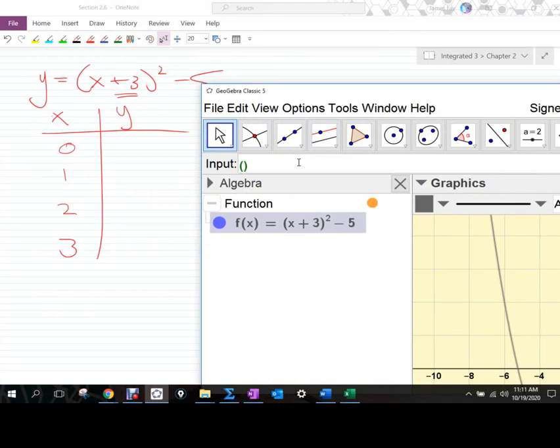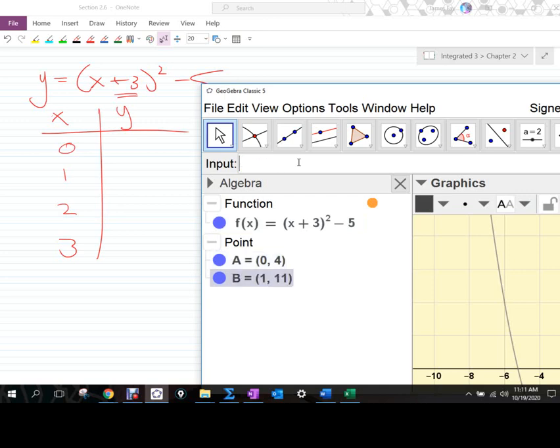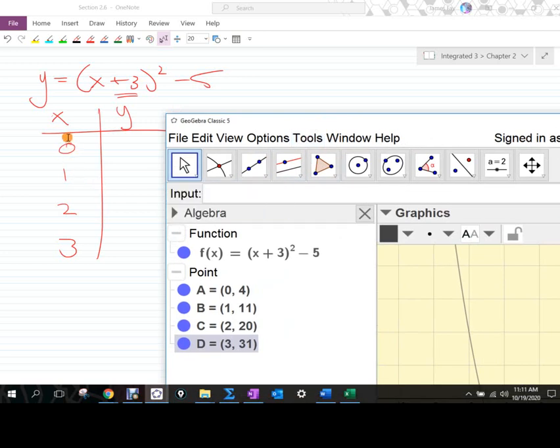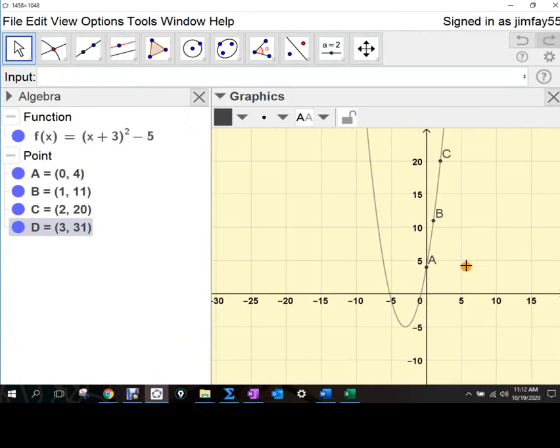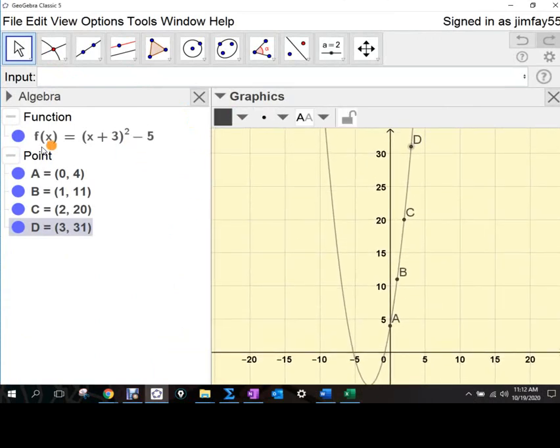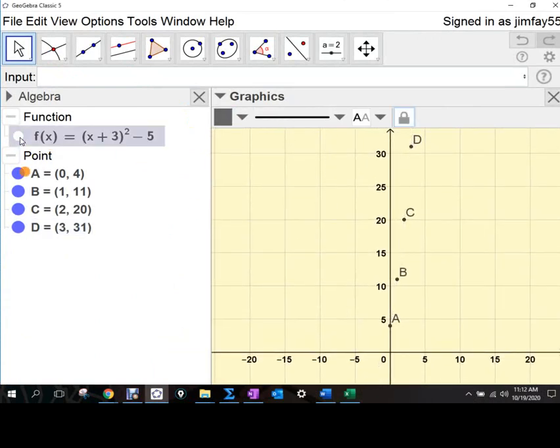So let's go 0, comma, f of 0. We'll have 1, comma, f of 1. 2, comma, f of 2. And 3, comma, f of 3. Okay. So if I just plug these 0, 1, 2, 3s in and evaluated, I would get these 4, 11, 20, and 31s back. And it would just give me those 4 points. Does that make sense?